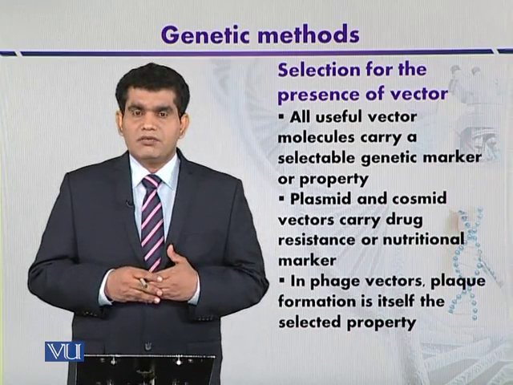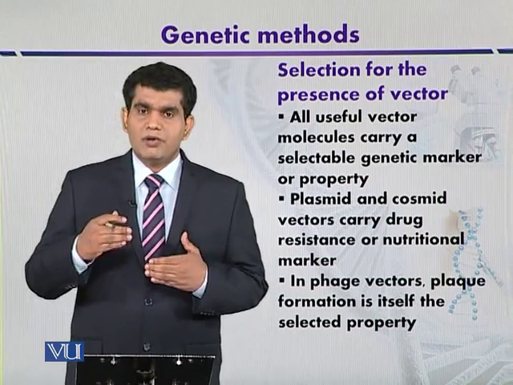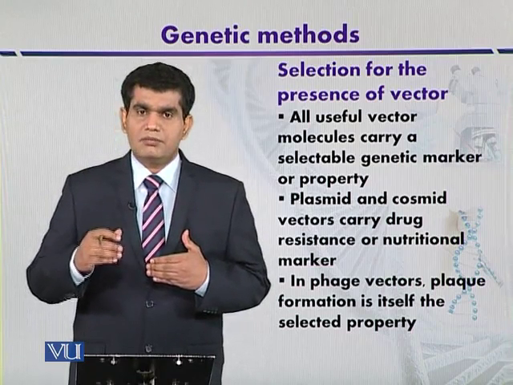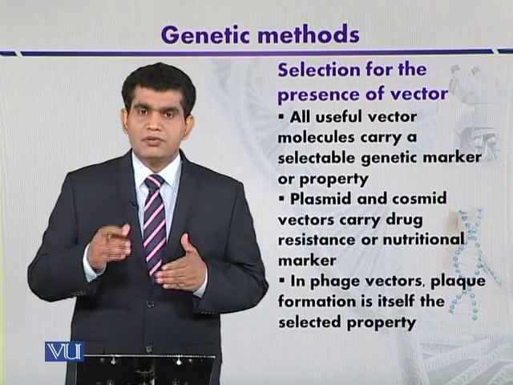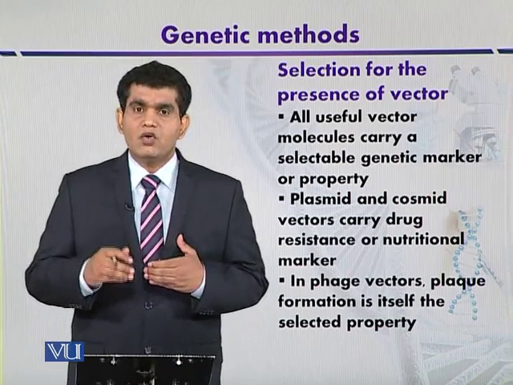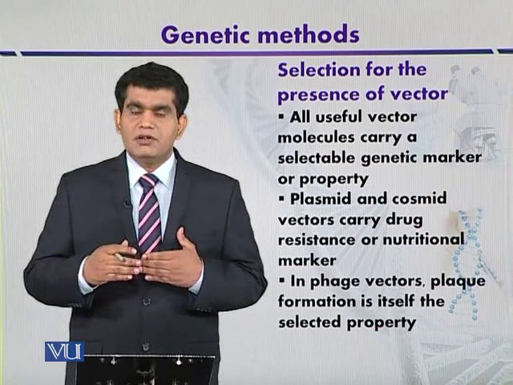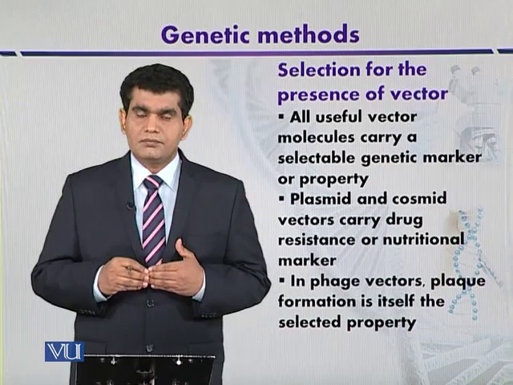As far as selection for the presence of vector is concerned, different types of microbiological methods can be used in combination with genetic methods, because when we cultivate microbes that contain our recombinant vector, they can be detected by using different selective media.